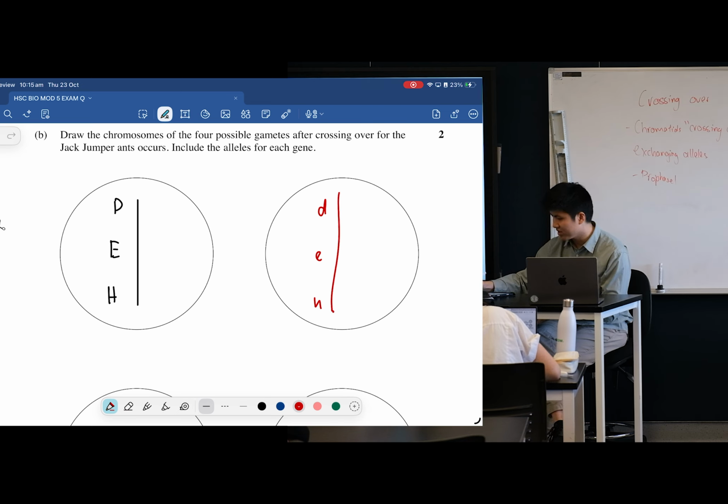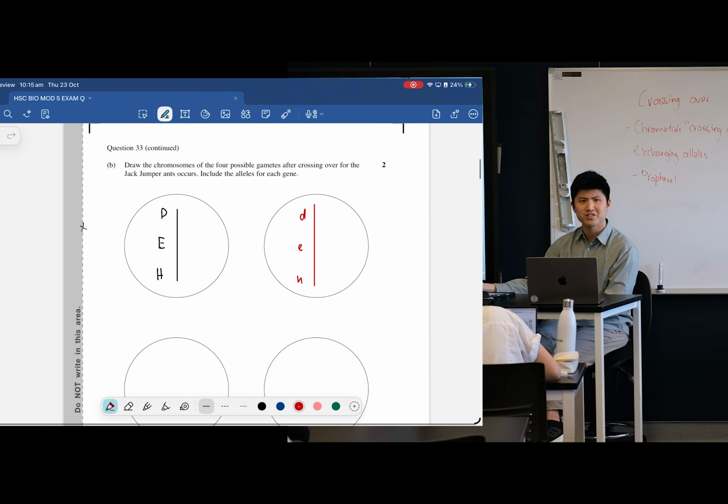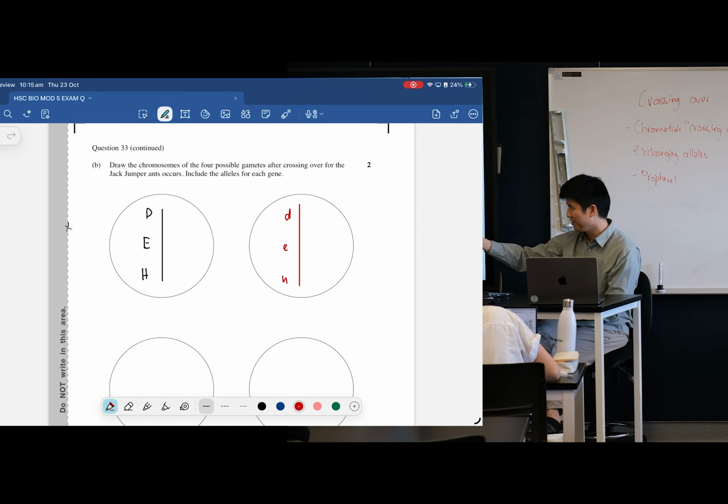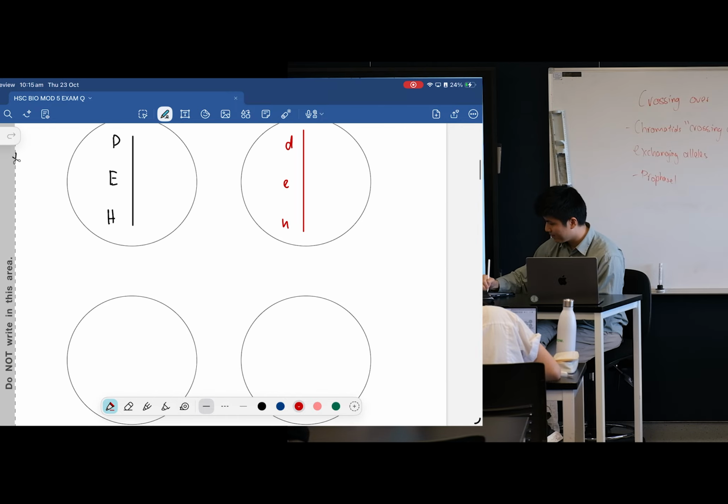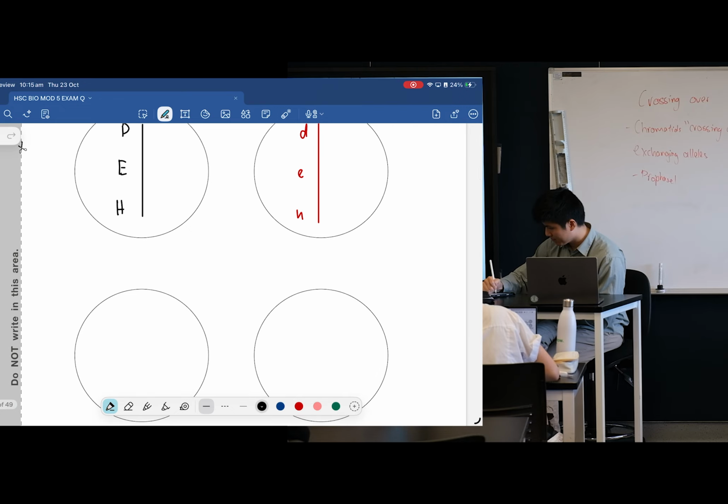I'm just going to signify using colors. I don't think you should use colors in the HSC. I'm pretty sure they tell you not to, but for the purpose of this, since I can, I will. And then lowercase h. Lowercase d.